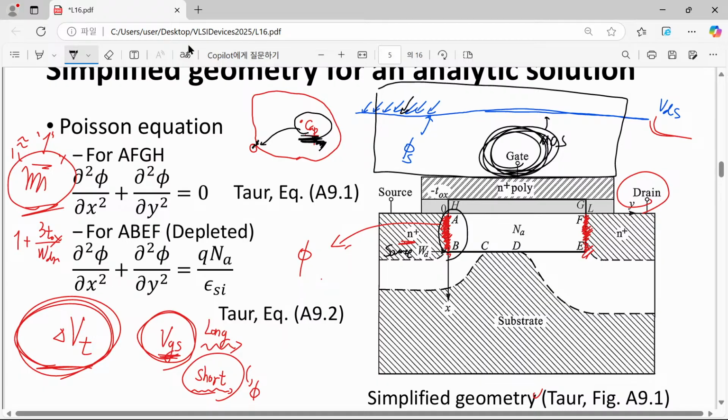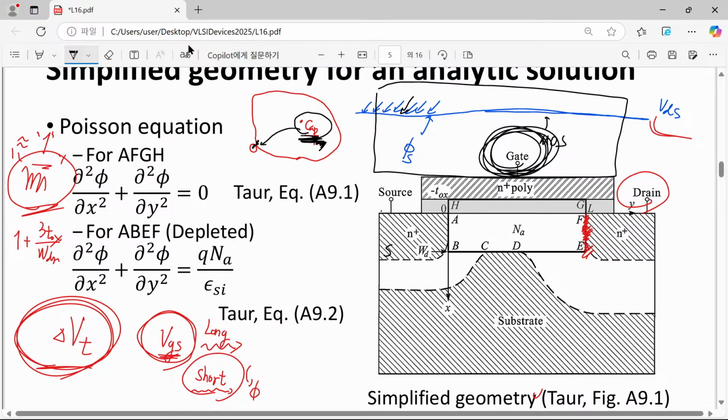But unfortunately, this is just an ideal case. This AB line is just attached to the N plus region. The real influence on this AB line from the source side cannot be neglected any further. That's the reason why we have to consider different boundary conditions.